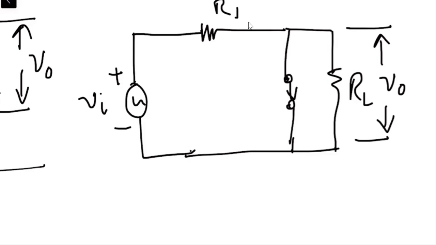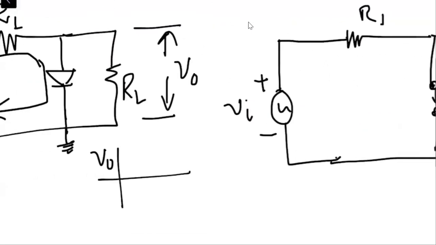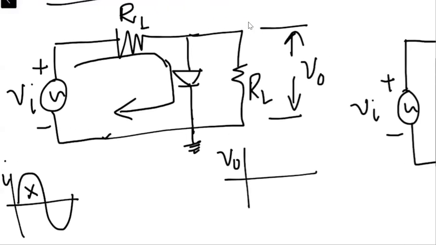So for the positive half cycle, when we are considering the diode as an ideal diode, we have 0 output, right?